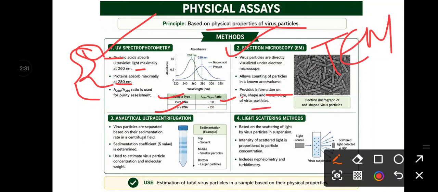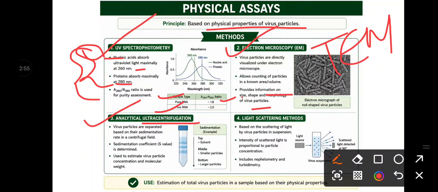Next, the most important thing, ultracentrifugation, analytical ultracentrifugation. This is the advanced version of ultracentrifugation. Centrifugation, as you all know, separates particles based on sedimentation rate in a centrifugal field.